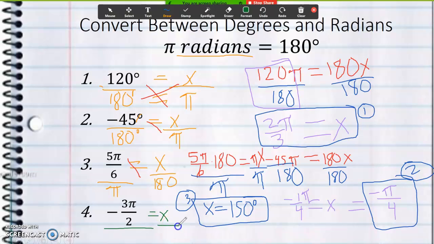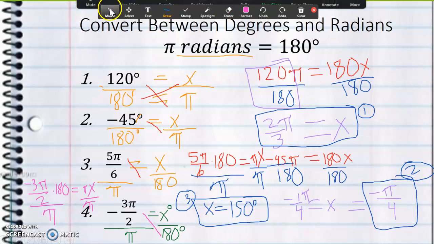Negative 3 pi over 2 is in radians, so that's where the pi goes. And then we have 180 degrees on the other side, because this is degrees, and these are radians on the left. Okay, we're going to cross multiply, so that's negative 3 pi over 2 times 180 equals pi times x. Divide both sides by pi.